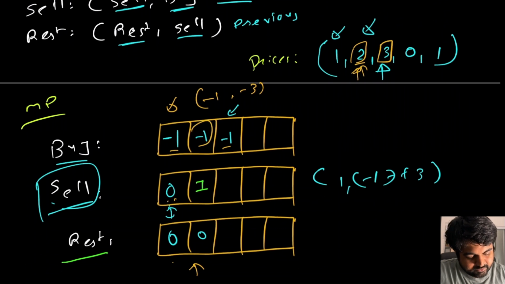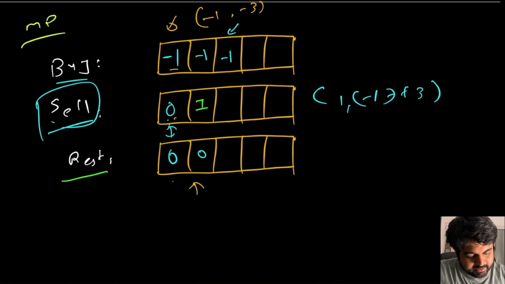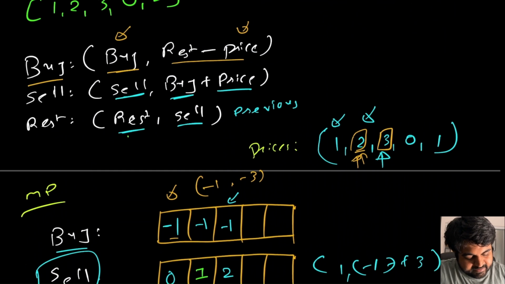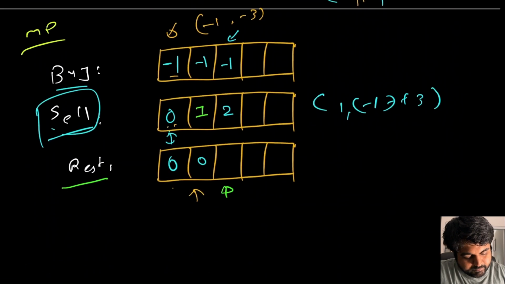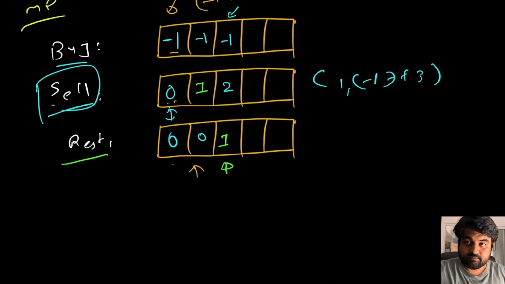I just did not include that, but I hope you understood what I mean. So if we decide to sell today, the maximum profit would be 2, which would be great. And for resting over here, we will have to compare the previous day's resting value versus selling value. So this is 1, because we are comparing these two values basically.